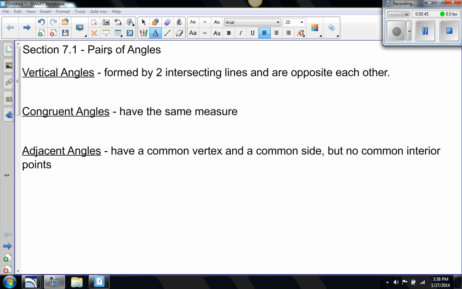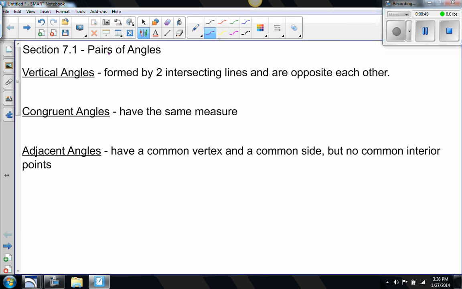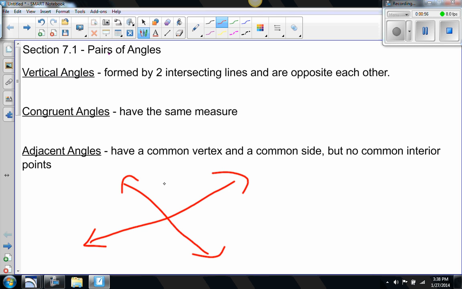Here's what I mean by this. If I have two lines, we'll just call the angles 1, 2, 3, and 4.